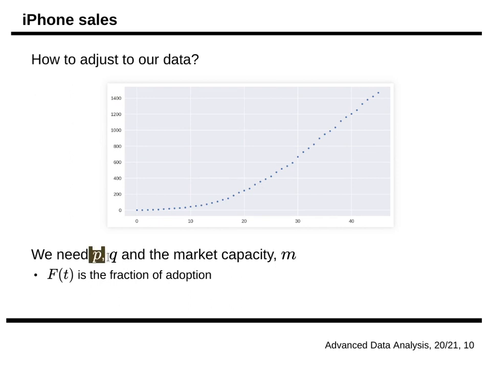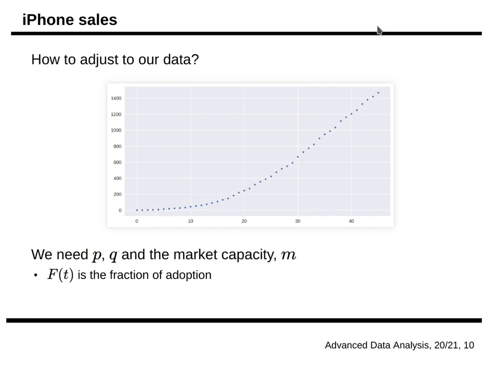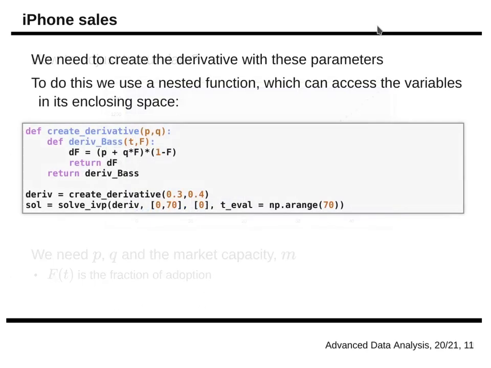We need the P and the Q, which are the parameters for the fraction of adoption, but we also need this market capacity value M, which will tell us what actual number of iPhone sales corresponds to a fraction of 1 when the market is saturated with iPhones. And we're going to fit the three parameters, adjust the three parameters in order to fit the curve as well as possible to these data.